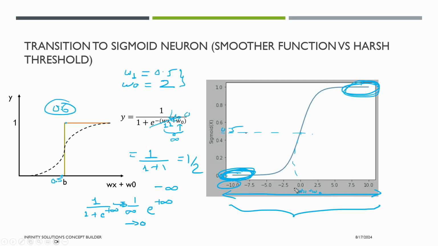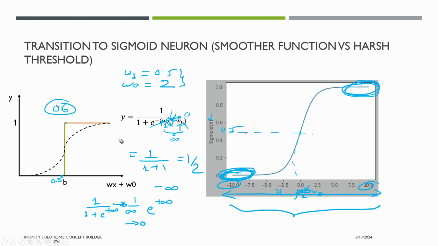But these ranges are for this function of x, because we know that our w1 and w0 are fixed. So here I'm just writing x, and this is sigmoid of x, which is just taking one parameter x as a variable, one independent variable x. These are just the parameters, they are not the independent variables.